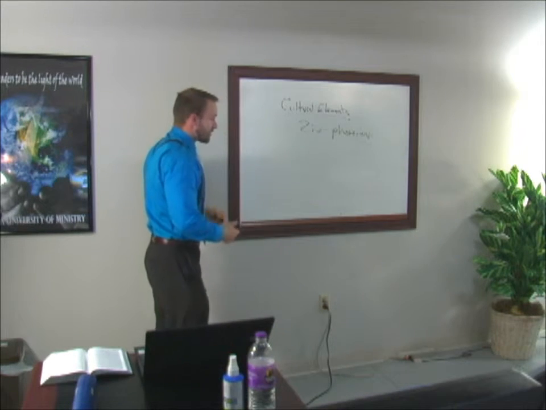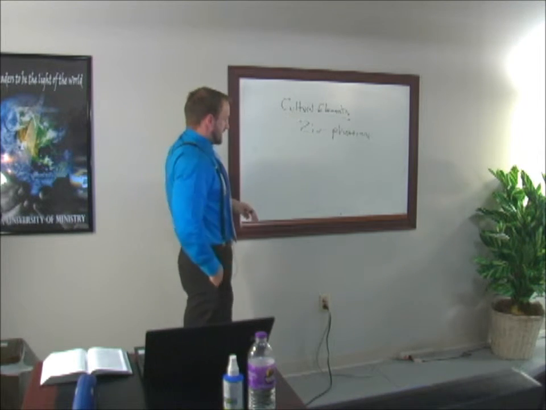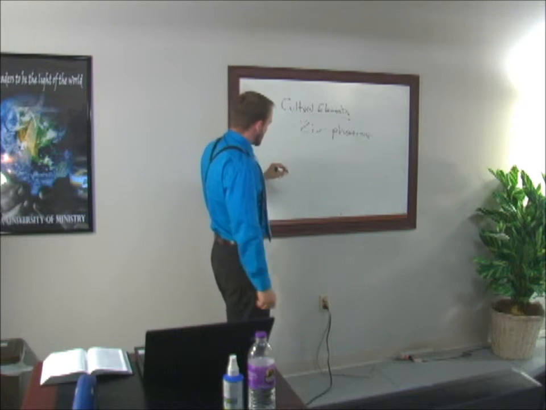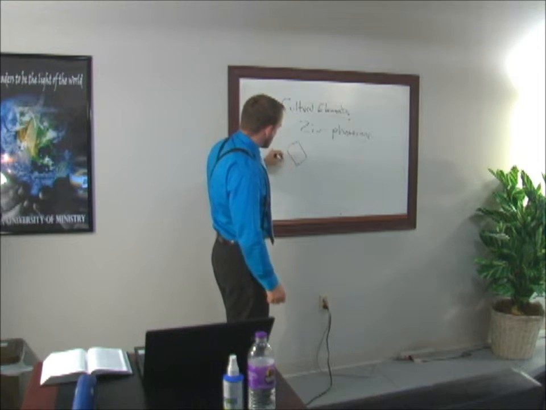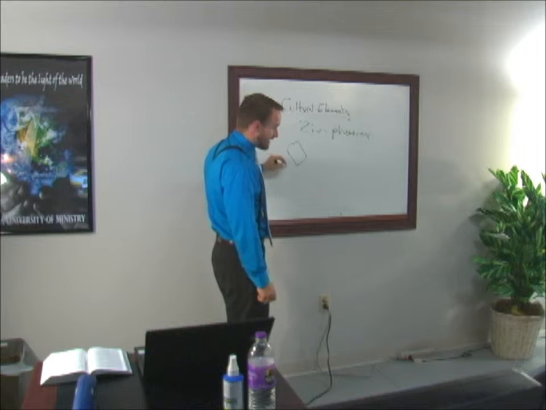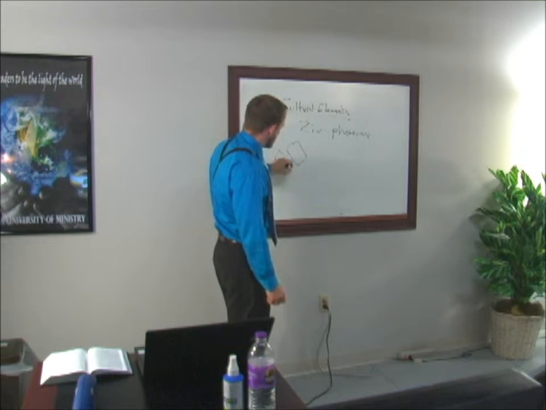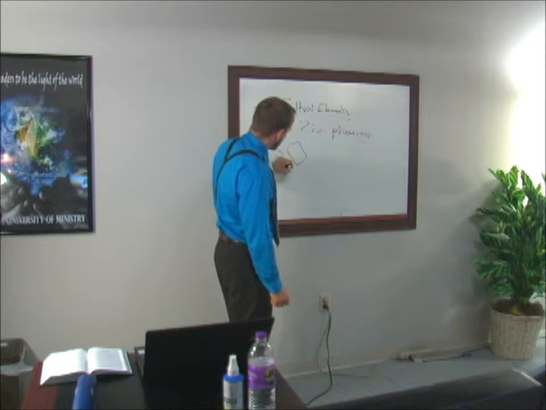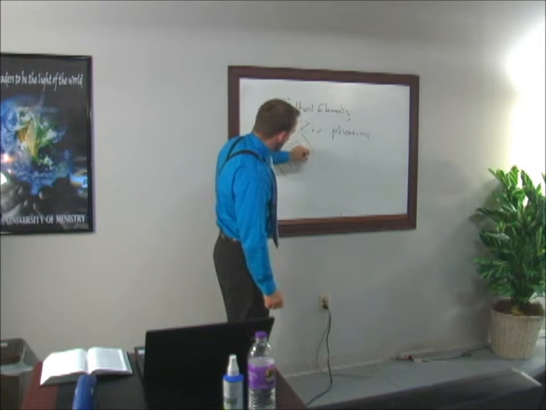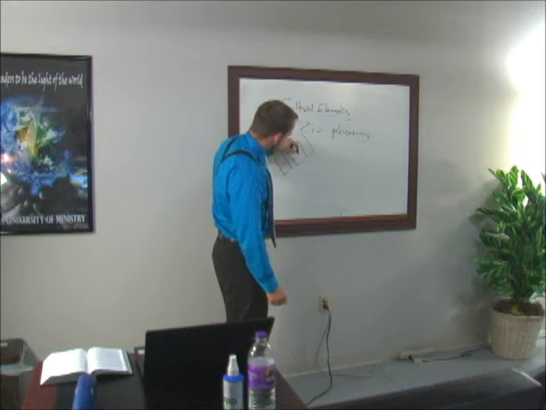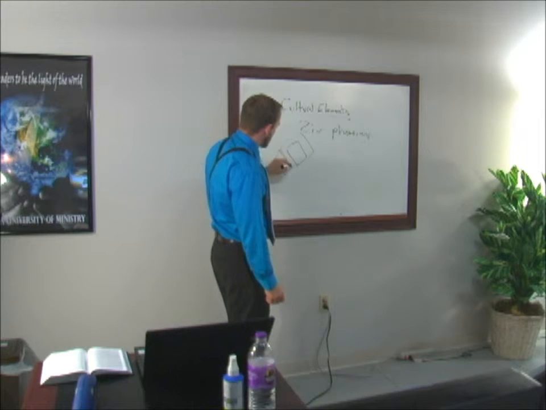The basic format of what they would do is they would have a temple complex, and then connected to it or right there would be the king's house. A lot of them would wrap around this way with interior chambers.